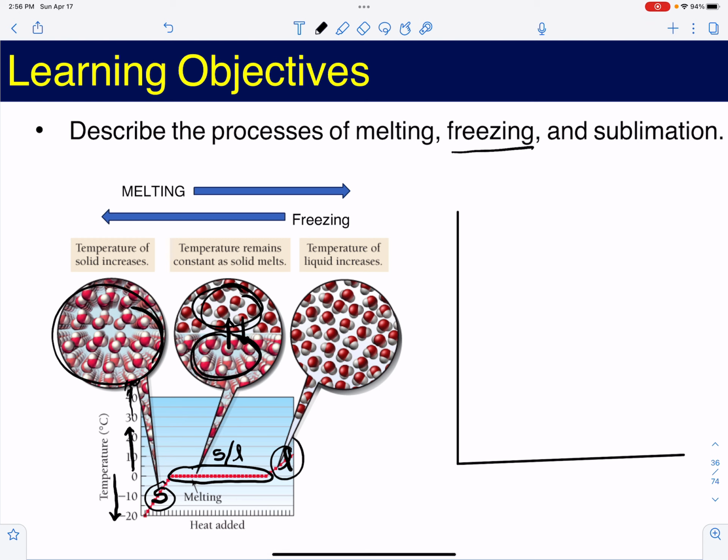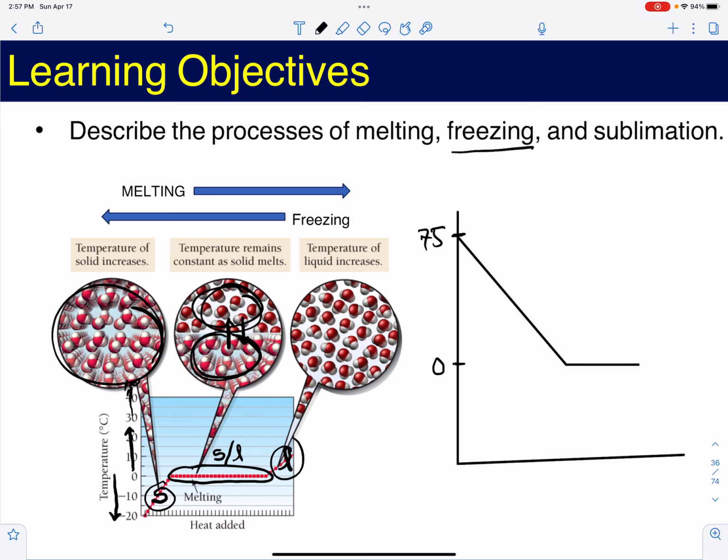So in this case, we will start high, let's say 75 degrees. We know that water has to freeze at 0. So we will have our water at 75 degrees, and the temperature will come down all the way to the freezing point. At the freezing point, the liquid and the solid are going to be in a perfect equilibrium.